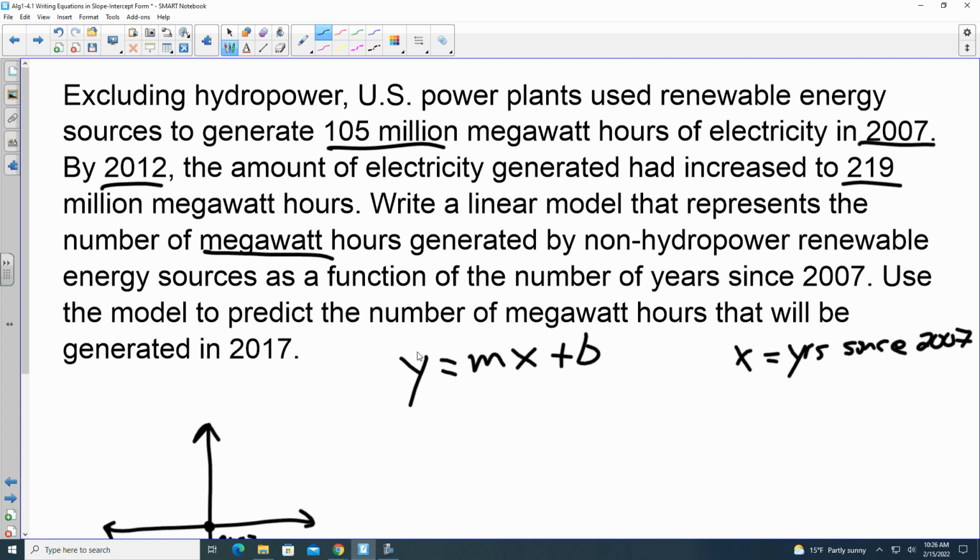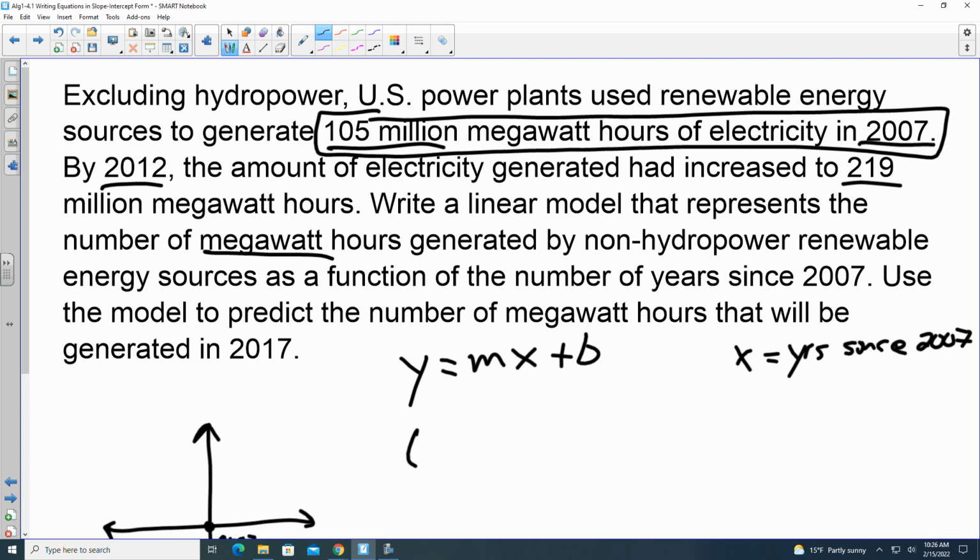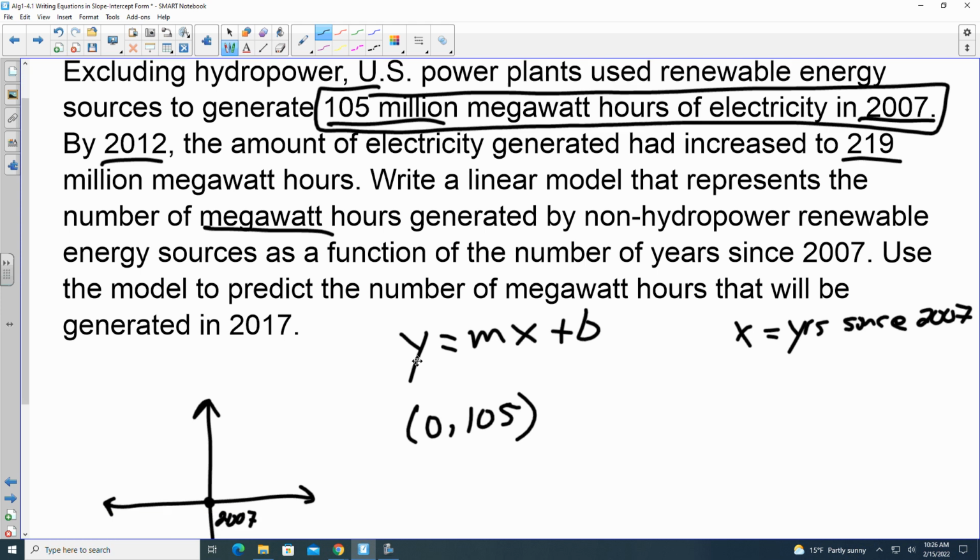So let's put this in as an ordered pair. So 2007, we said that x is 0 in that particular instance. So my ordered pair for this piece of information is going to be 0 comma 105, because both of them are in the millions.